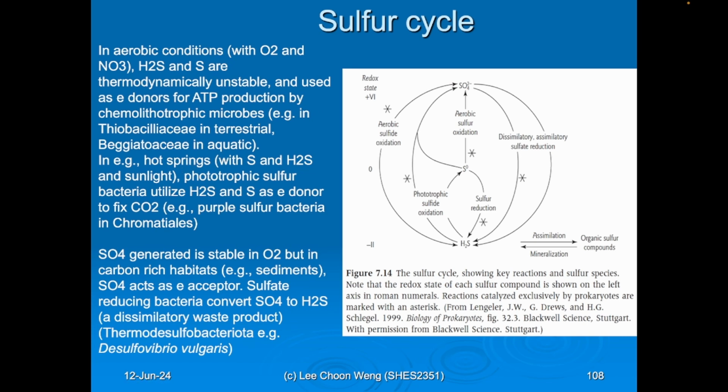So the phototrophs that you see utilize hydrogen sulfide as electron donors to fix carbon dioxide. The phototrophic sulfide oxidation pathway here is mainly carried out by the purple sulfur bacteria in Chromatiales. So this is the bacteria that you see in the Winogradsky column. That is also why you see sulfur granules in the bacteria.